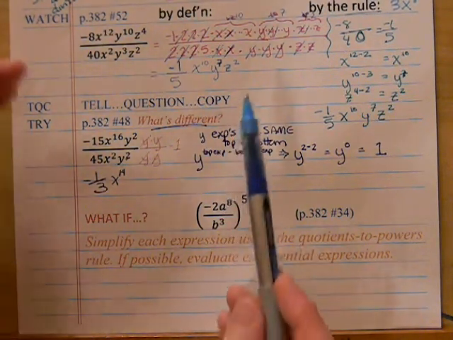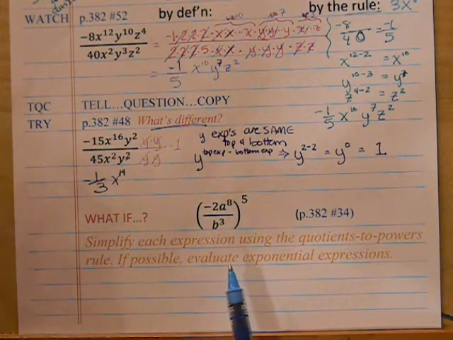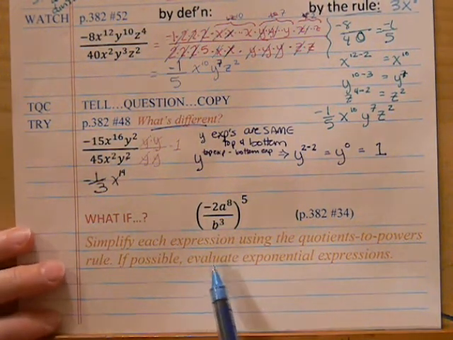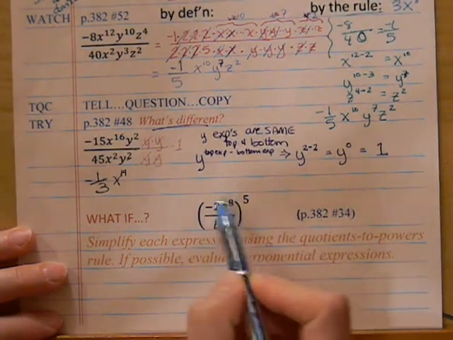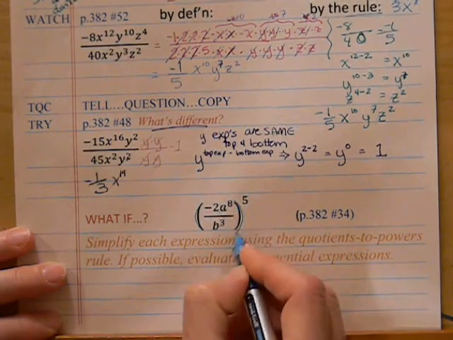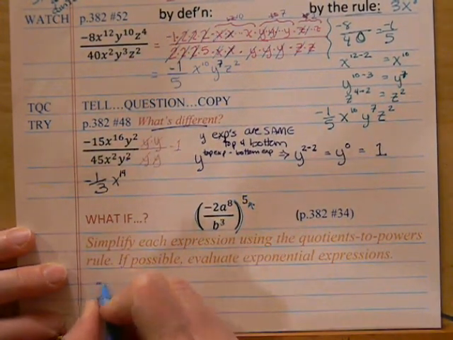So again, as they walk you through this section, you're going to realize that there's a lot of rules to memorize. And if that seems like a daunting task to you, then what you want to do is, again, use the definition. So if you have something raised to an exponent, just imagine that entire something multiplied by itself 5 times. So let's rewrite that down here.